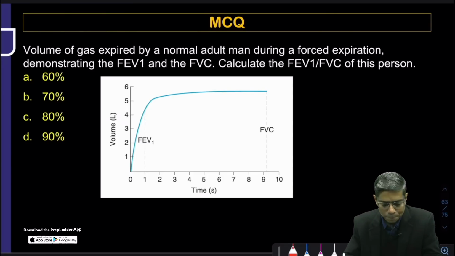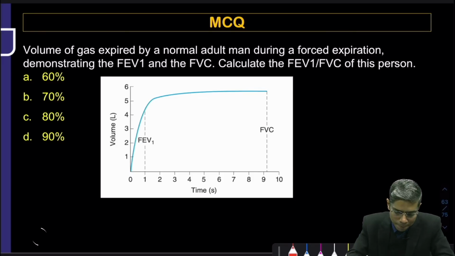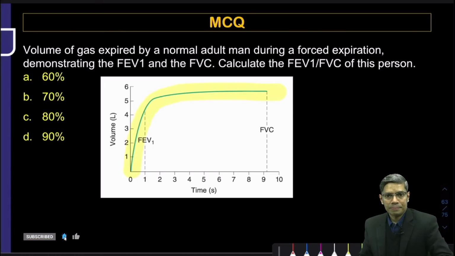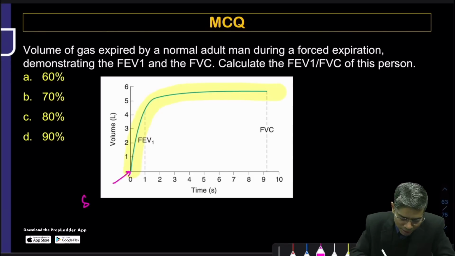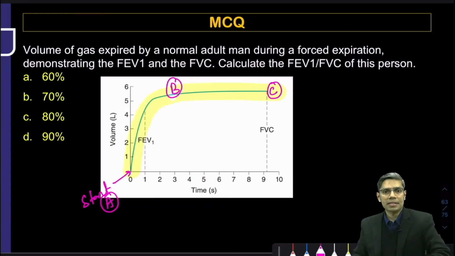Now in this question, this is the expiratory curve. Look at, please note down. So this is the starting point of expiration, point number A. Then this is the mid part and this C, suppose, is the ending point of expiration.